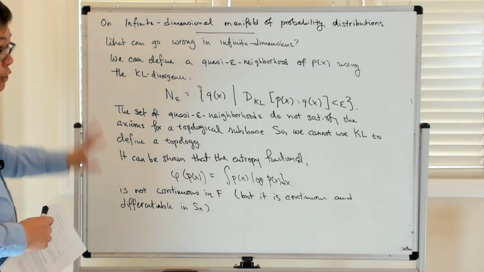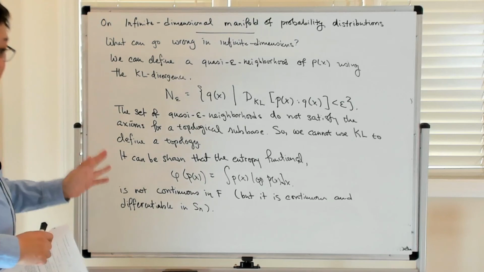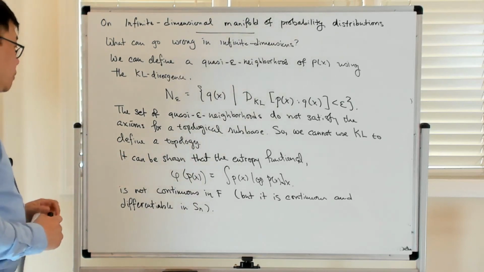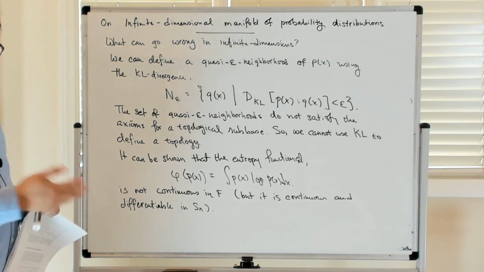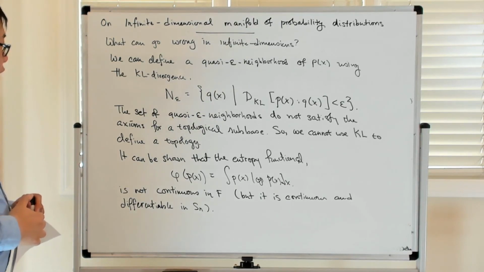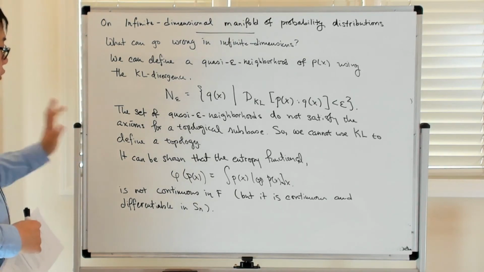So that's just a word of caution. But it's certainly very natural to at least attempt to proceed by trying to leverage the intuition we've developed in the finite dimensional case, and then seeing how far we can push that analogy forward. Okay, so I'll just stop here for now.